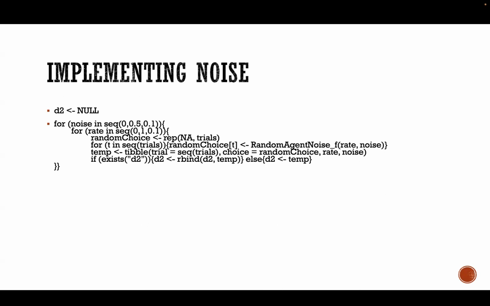But now instead of the random agent function, we have the random agent noise function, and we feed it the rate and the noise. We create our temporary data frame with the trials, the choice, the rate that we're using in this specific loop, and the noise that we're using in this specific loop. And then we do that trick to keep on appending the data frame.